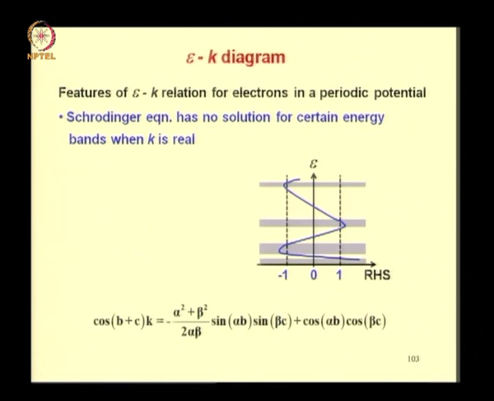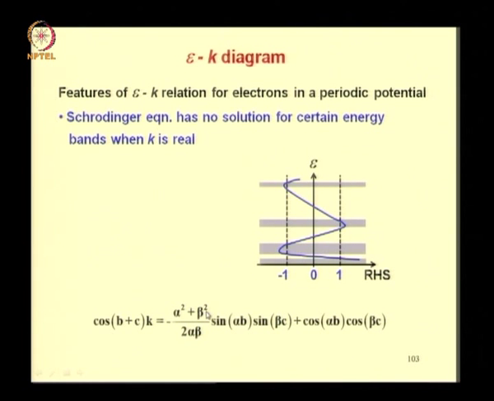Now this is the important result that tells you why certain energies are not possible, okay, for electrons in a crystal, because if the right hand side here goes either less than -1 or more than 1, then that is not allowed, because the cos function has a maximum value of 1. If I take the magnitude of this function, it cannot exceed 1.